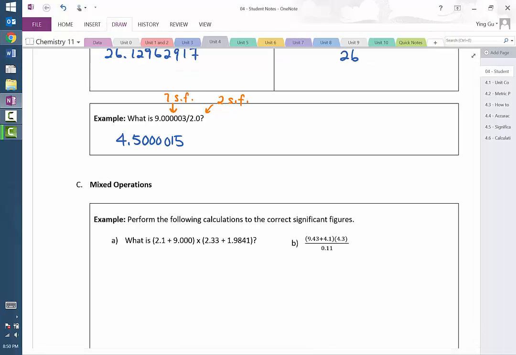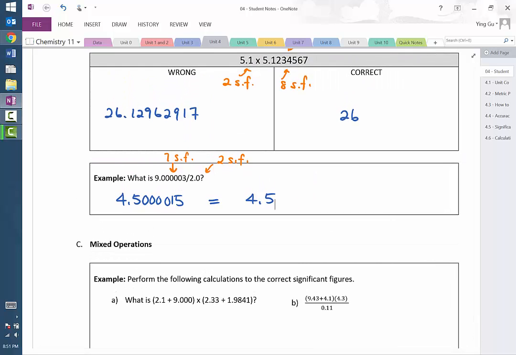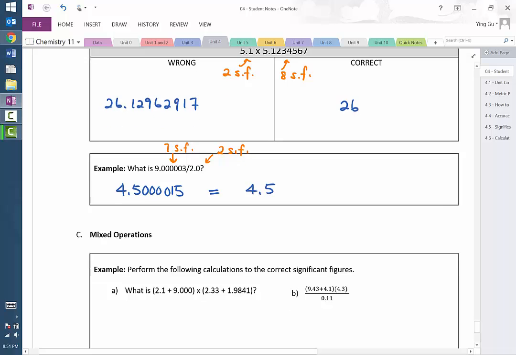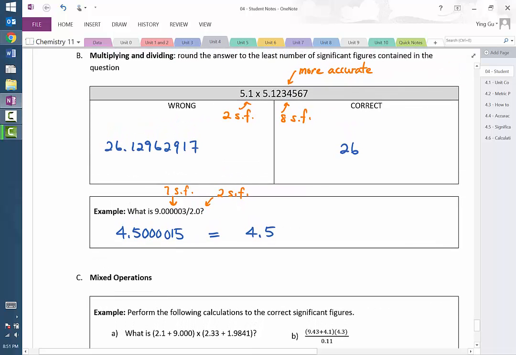Our final answer cannot be more accurate than the least accurate number, which means that our final answer is going to be cut off at 2 significant figures, which means it will be cut off at 4.5. That is to say, the accuracy of the final answer will be limited by that 2.0 that we used. Okay, so the rules for adding, subtracting, and multiplying, dividing are different.